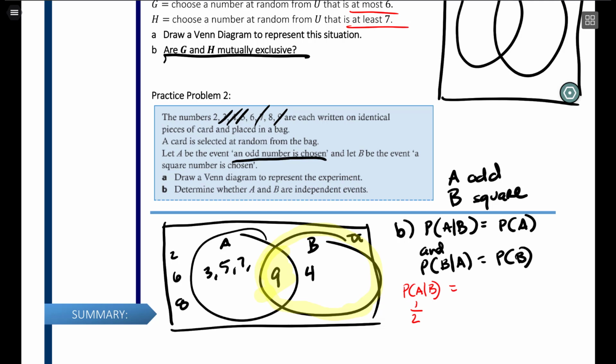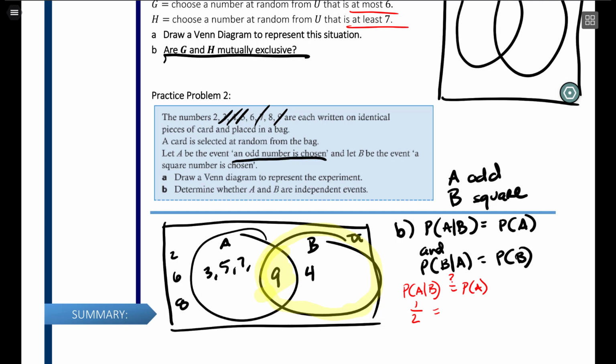And we want to know, is this the exact same thing as if B doesn't happen at all? Is it the same thing as P of A? This is not really intuitive for us to understand just by asking whether a number being prime is independent of, or a number being odd is independent of a number being square, right? So let's figure this out and see, are these two things equal?